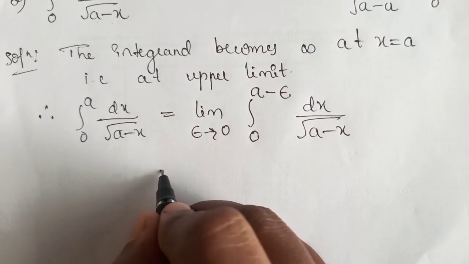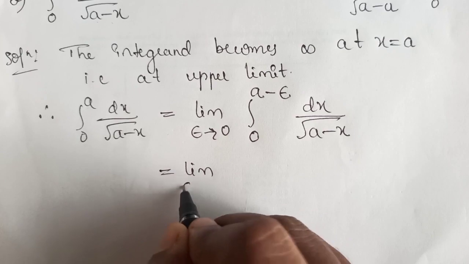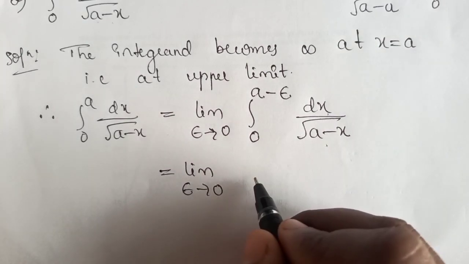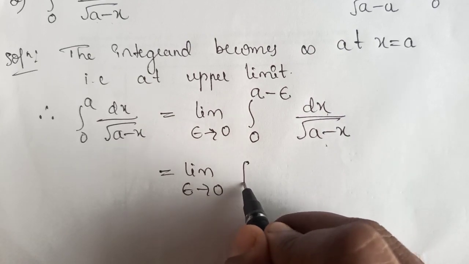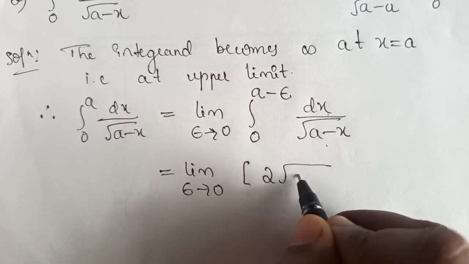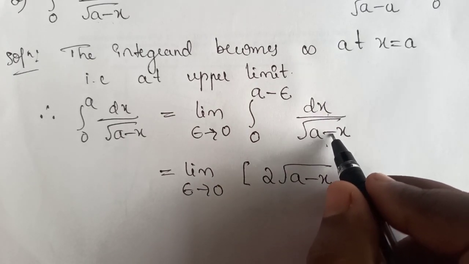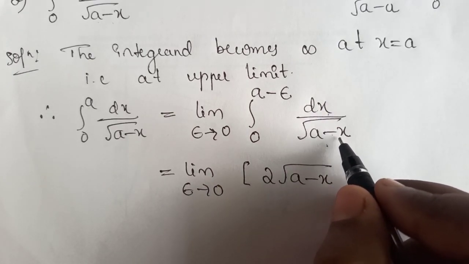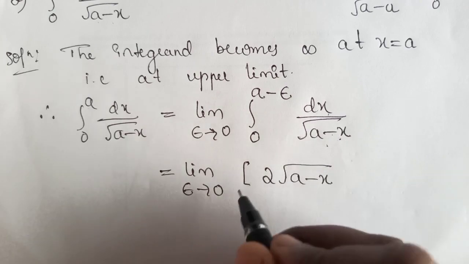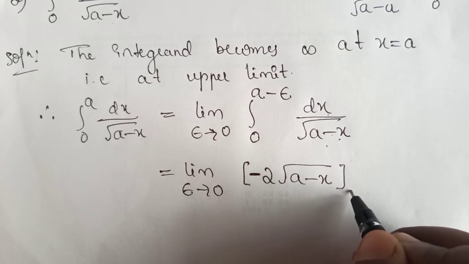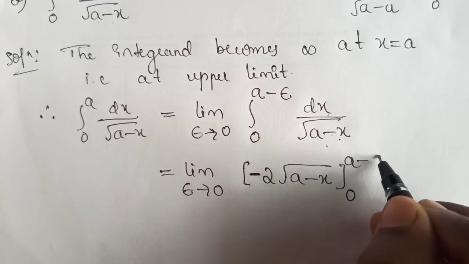Again this is equal to limit epsilon tends to 0. The integration of 1 by root x is 2 root x, but we have to account for the differentiation of a minus x, which is minus 1, so I will write minus here. Now the limits are 0 to a minus epsilon.